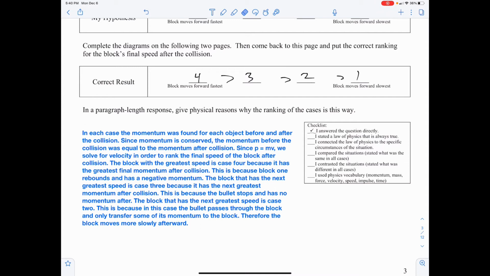This is because block 1 rebounds and has negative momentum. The block that has the next greatest speed is case 3 because it has the next greatest momentum after collision. This is because the bullet stops and has no momentum afterwards. The block with the next greatest speed is case 2. This is because the bullet passes through the block and only transfers some of its momentum to the block, and therefore the block moves more slowly afterward.